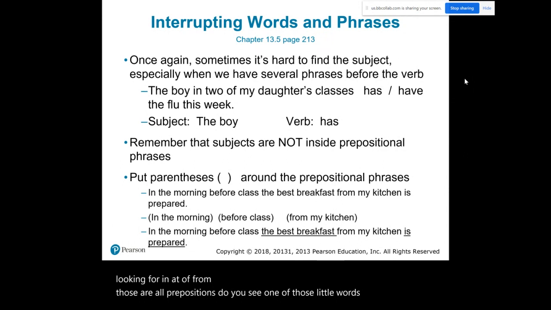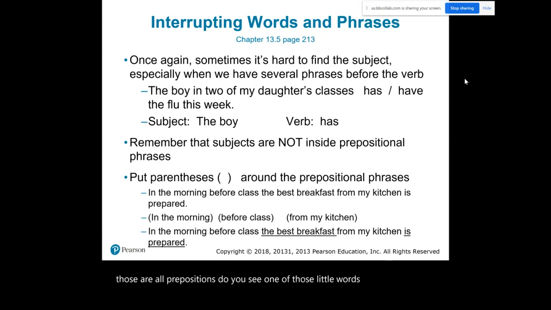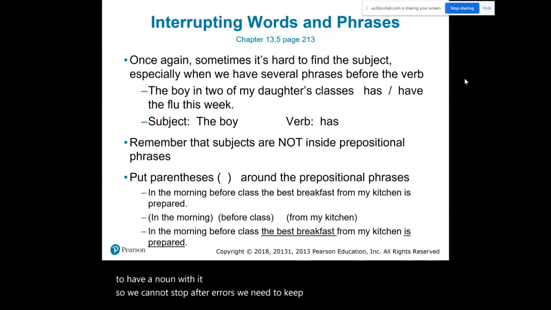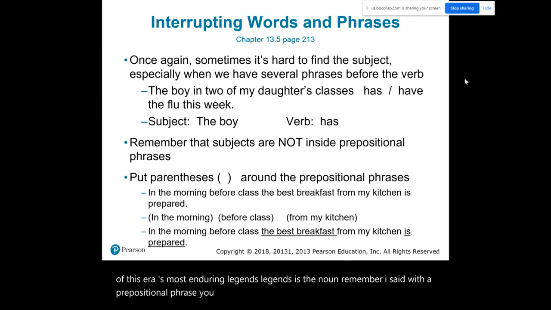Of this era's most enduring legends. Because era's is a possessive, we have to have a noun with it. So we cannot stop after era's. We need to keep going. So of this era's most enduring legends. Legends is the noun. Remember I said with a prepositional phrase, you always have a preposition and a noun. And of is a preposition, legends.